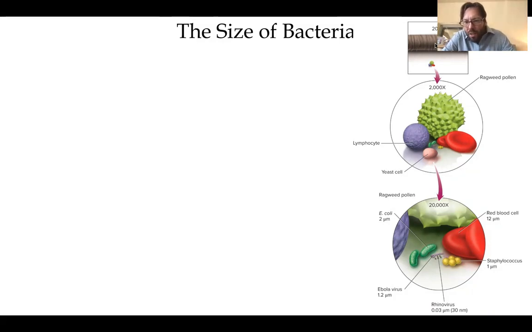And then it dials it down into right here, the scale of things like ragweed pollen and a lymphocyte, a yeast cell. These look like erythrocytes or red blood cells, and then a few bacterial cells to give you an idea of just how big a bacterial cell is in relationship to a T cell, and then how big that is in relationship to a hair, right?